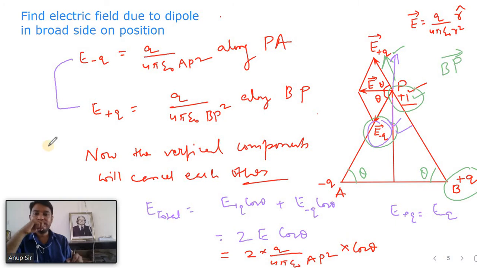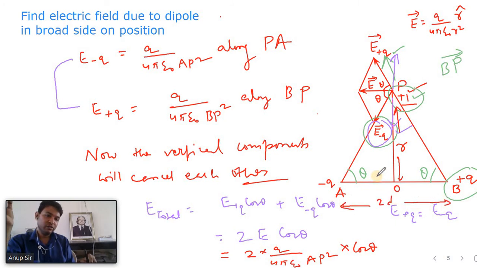Now what is cos theta? Remember this figure. If this is the length R, the point P is at a distance R from the center O, and if the whole length is 2D, then of course this length will be D, and this length will be under root R square plus D square.